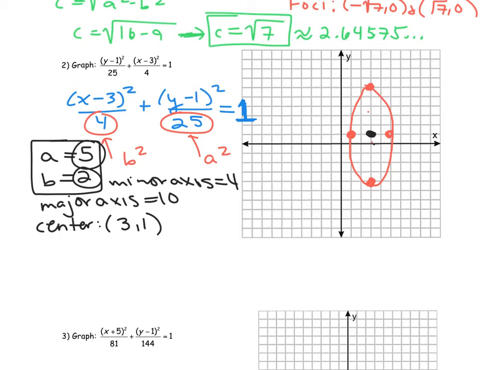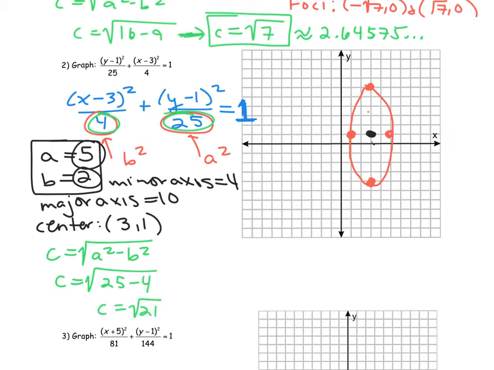And we want to now determine the location of the foci. So remembering that equation is c is equal to the square root of a squared minus b squared. We know that a squared is 25, b squared is 4. So I have 25 minus 4. So c is equal to the square root of 21. Now that's the length from the center to one of the foci.